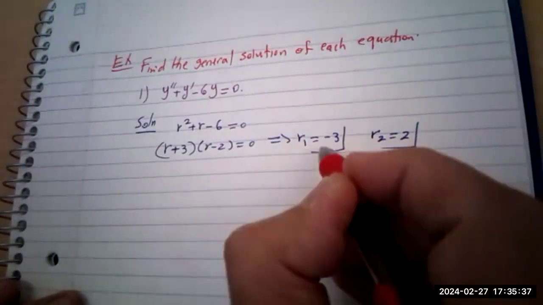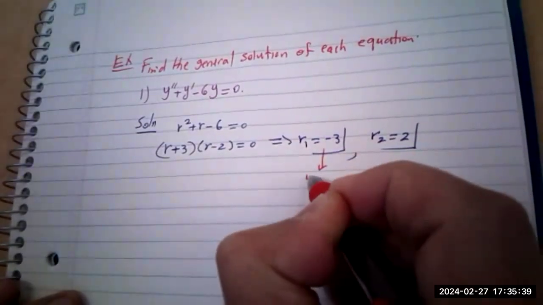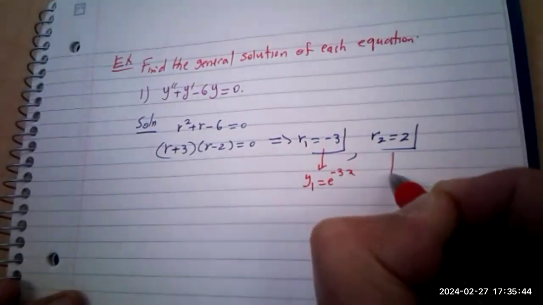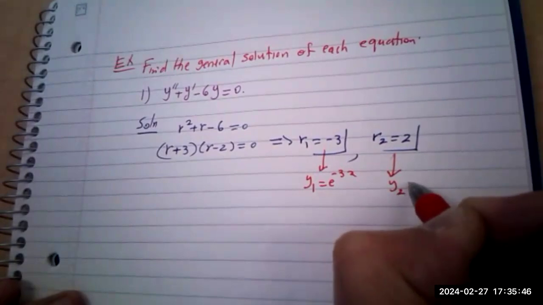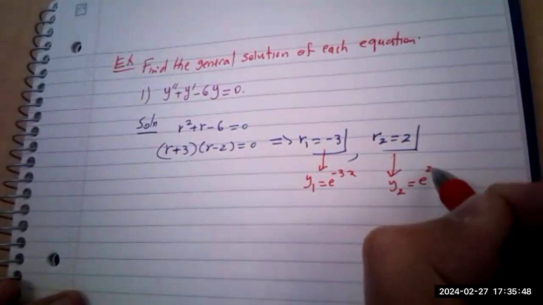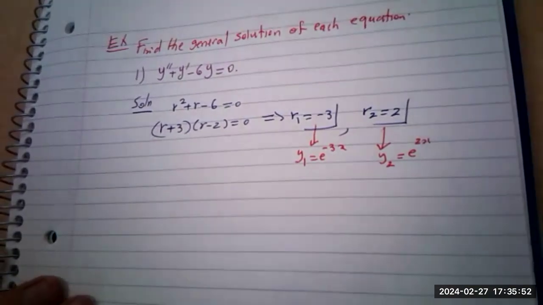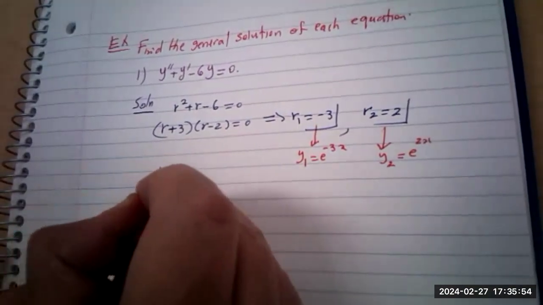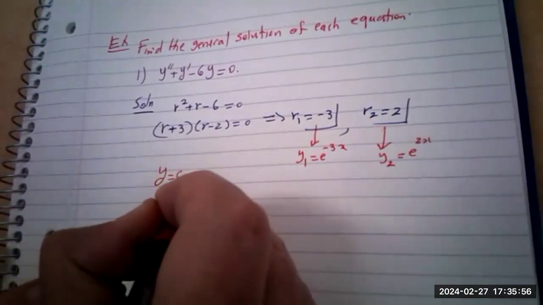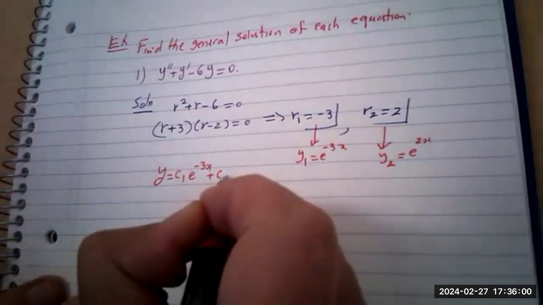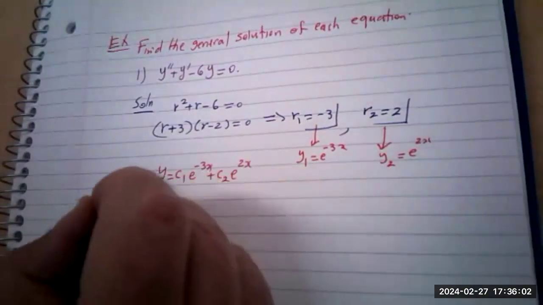If you like, the corresponding solutions are y1 is e to the negative 3x, and y2 is e to the 2x. So the general solution of the equation is y equal to c1 e to the negative 3x plus c2 e to the 2x.